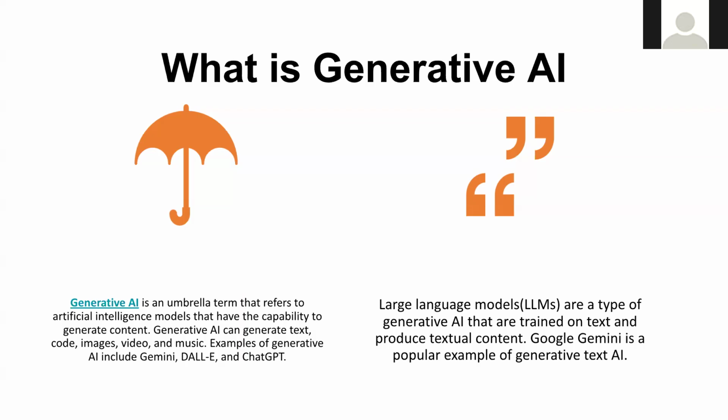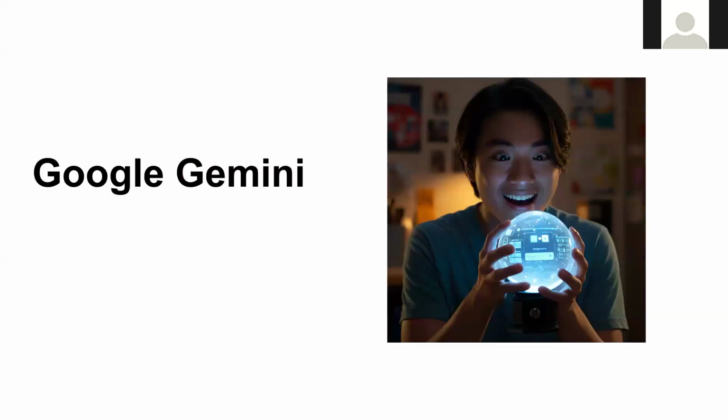LLMs, on the other side, are a subset of generative AI specifically trained on text data to produce textual content. Google Gemini is a prime example of generative AI that excels at generating human-like text-based responses to prompts. These models work by analyzing patterns in various vast datasets, and using that knowledge to generate contextually relevant outputs.